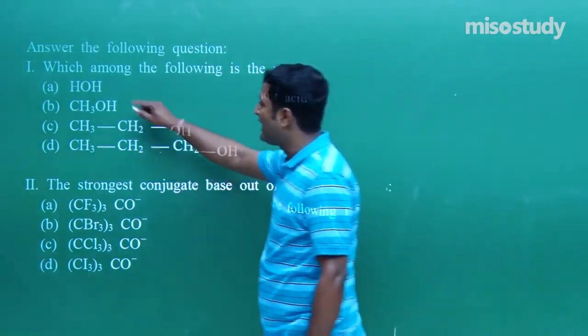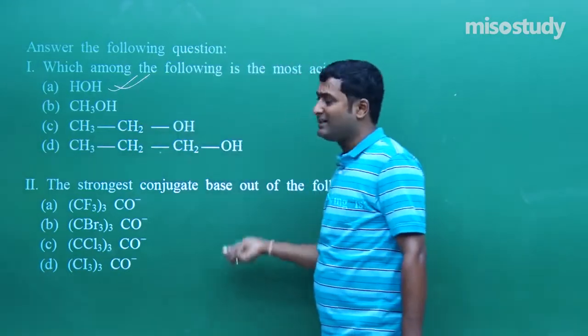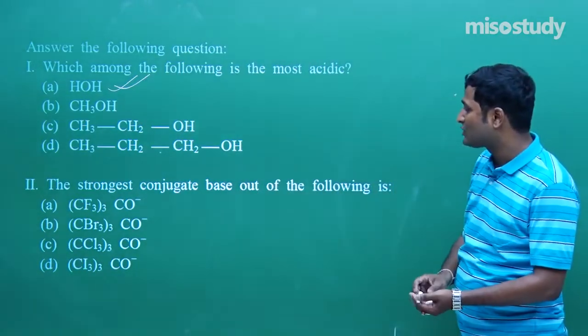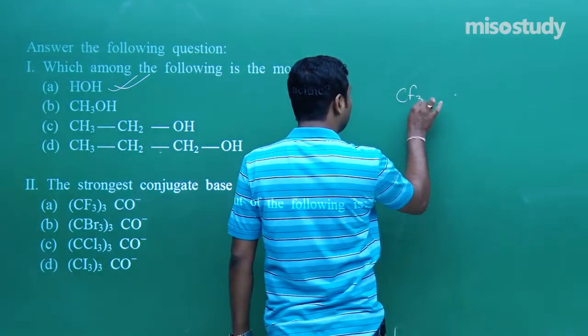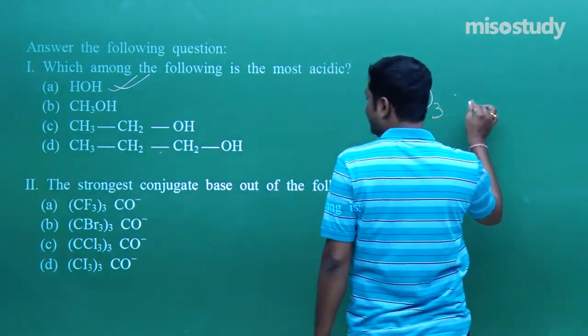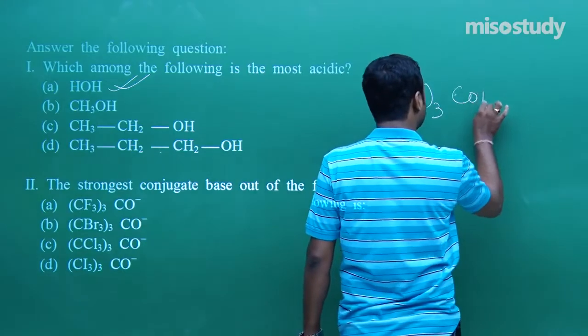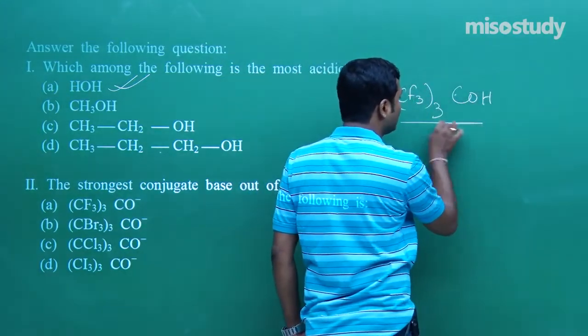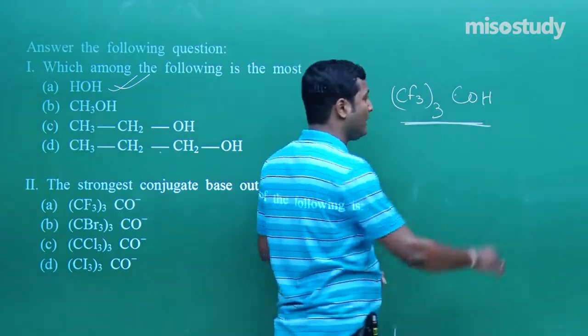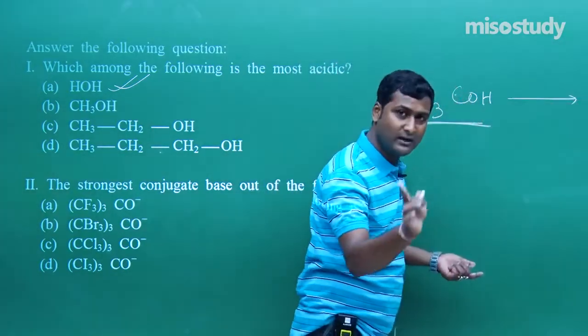As I told you, HOH, water, is more acidic than alcohol. Rest alcohol, the strongest conjugate base. As I told you, if (CF3)3COH, like this, this one is a strong acid, so its conjugate base will be weak.